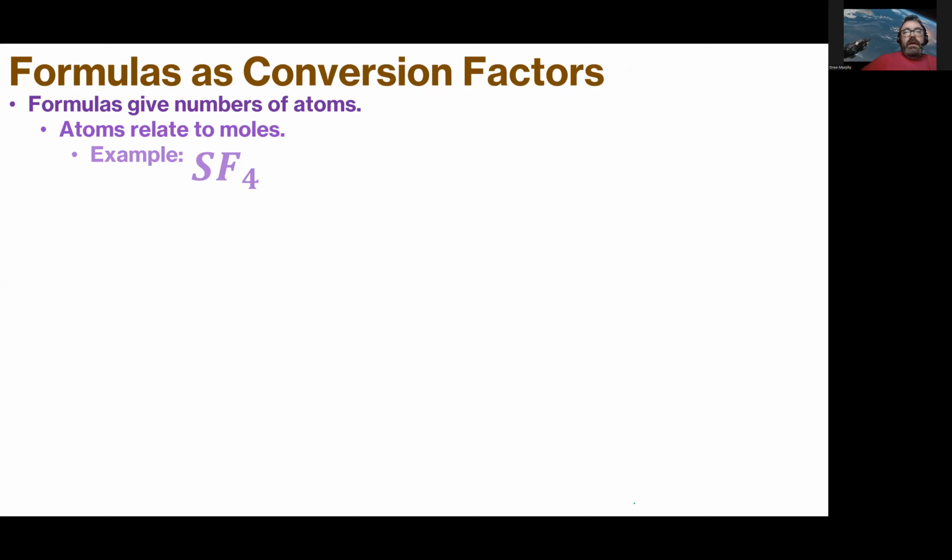All right. Formulas as conversion factors. Two things to remember, right? The formula gives you how many atoms are there. And the number of atoms always relates to moles, right? So if we're talking about SF4, we can think of it in terms of molecules. One molecule is going to have 1 sulfur atom.